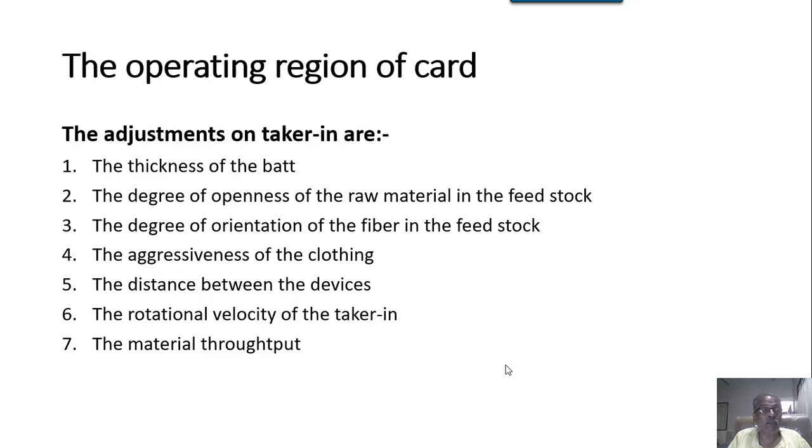Aggressiveness of the clothing means points per square inch on one roller, and in comparison with that, points per square inch on the other roller, etc. So these are the points which are required to be kept in mind while we are studying the operation principle of the carding machine, or operation overall of the carding machine. Actually each point has again a very significant elaborate discussion that is to be made, but that is going to consume again a lot of time, so we'll go ahead.